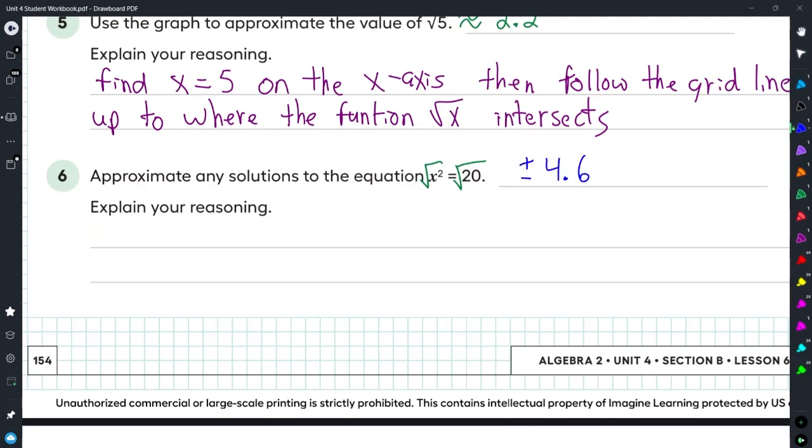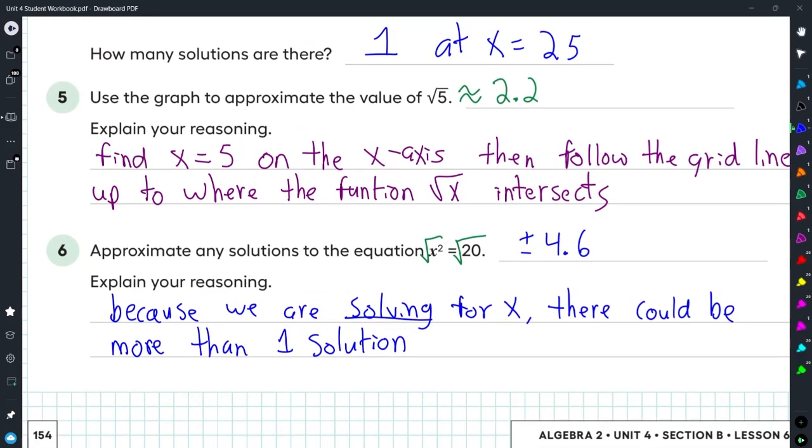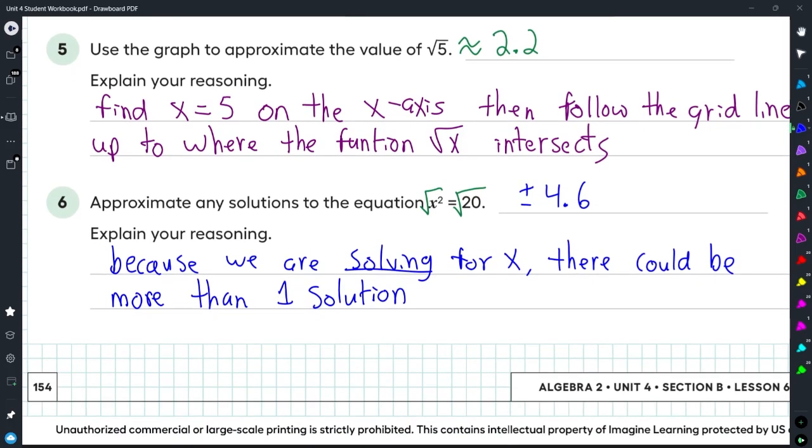And the reason why it's plus or minus is because we are solving for x. There could be more than one solution. Whereas if I just asked you, what is the square root of 20, you would do that like we did number 5. But because we're asking to find a solution, we would say plus or minus a value.